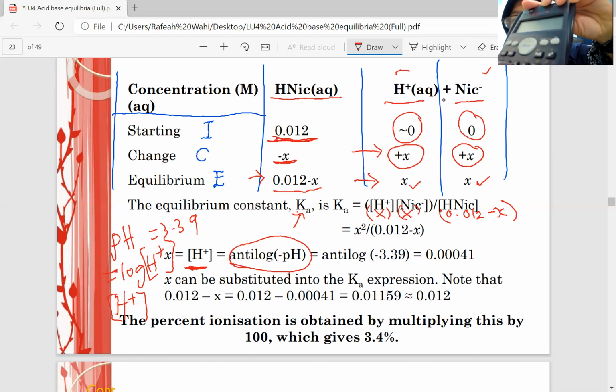You press shift, log, and then make a bracket, put your value in, which is negative 3.39, the pH just now, close the bracket, and press the answer button. You will get the anti-log, which is 0.00041.